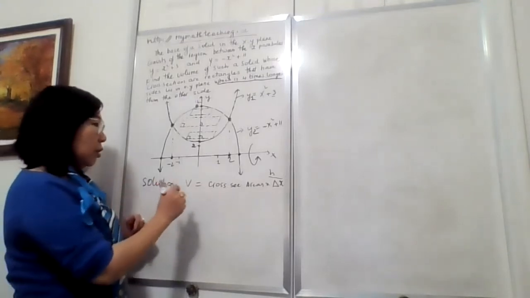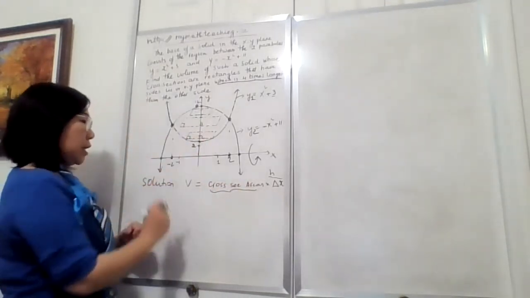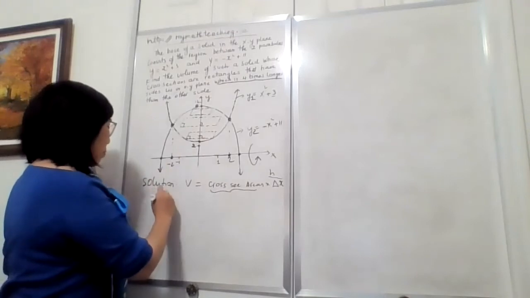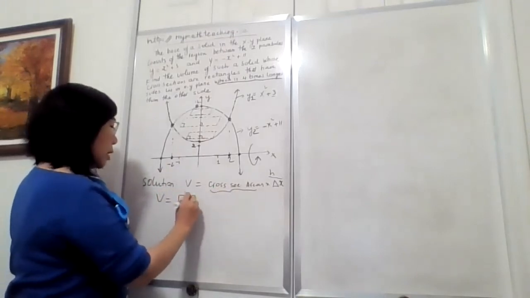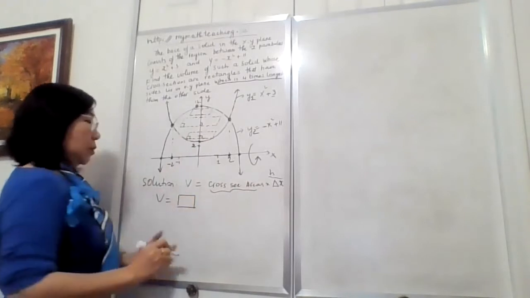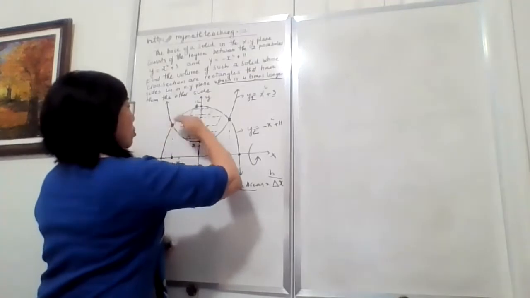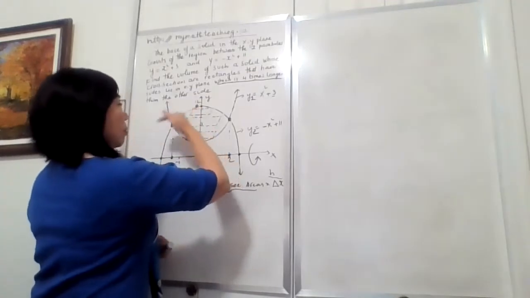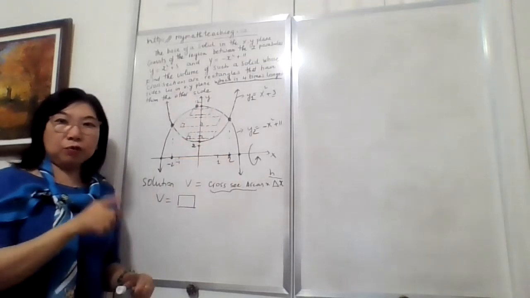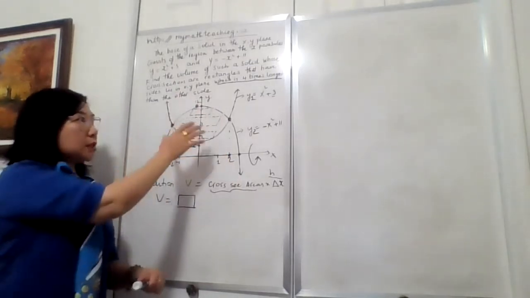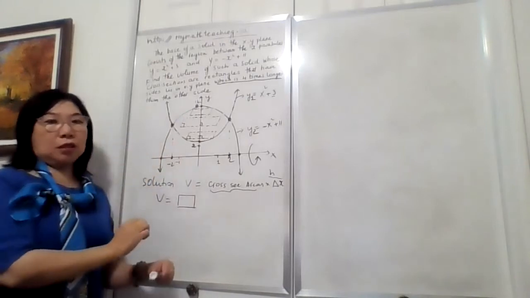Now, I'm going to talk about the cross-sectional area. How do we find the cross-sectional area? So volume equals, I'm going to substitute this with the area of a rectangle, because that's what the question says. It says that we're going to slice this cross-sectional area in the shape of a rectangle, not the disk, right? In the disk method, we do it by the disk, but this time the question asks us to do it with rectangles.